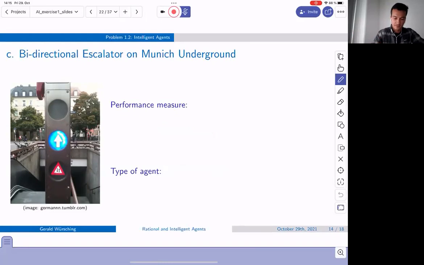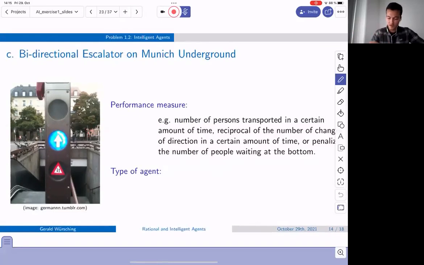Some possible performance measures here, and this is just a small number of examples, there would be more: the number of people transported in a certain amount of time, the number of direction changes in a certain amount of time, or, if there are too many people waiting at the bottom, one penalizes the number of people waiting at the bottom.